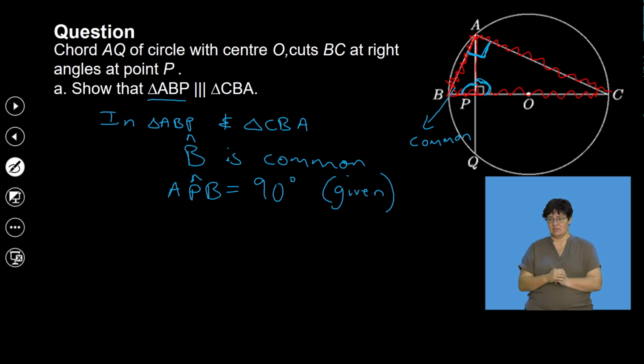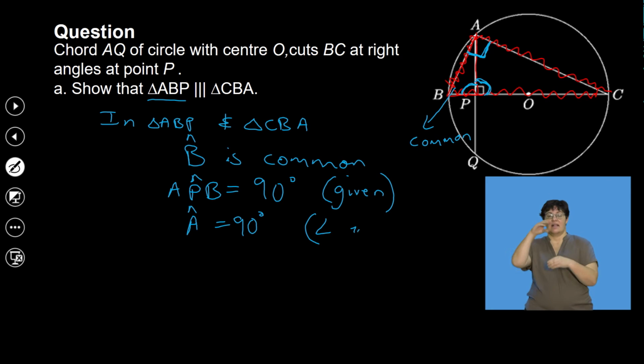So that will make the angle A there 90 degrees as well. So I will say angle A is equal to 90 degrees. And what will be my reason for this? It will be angle in semicircle.